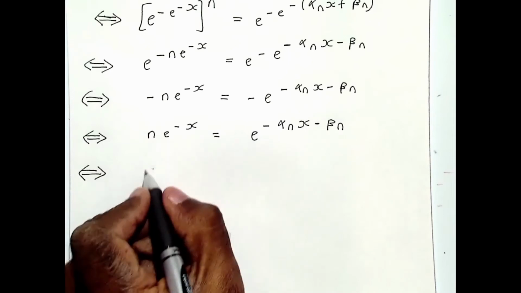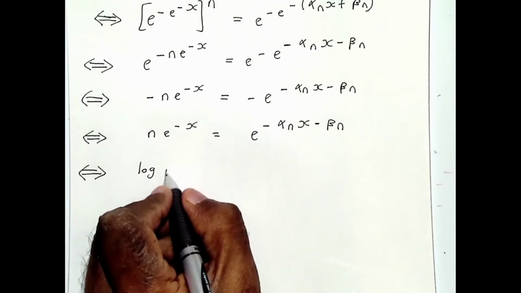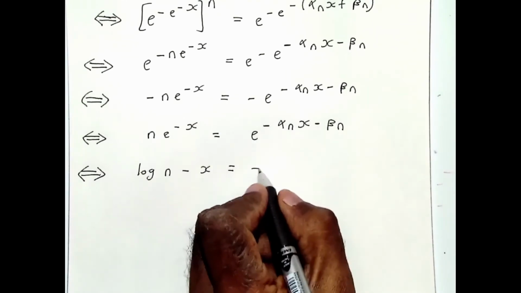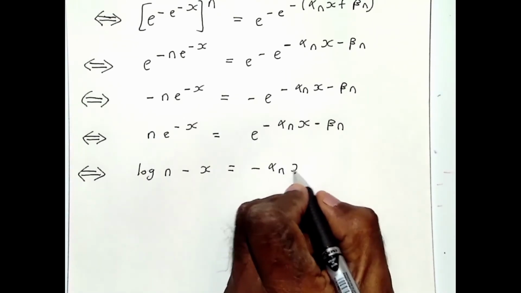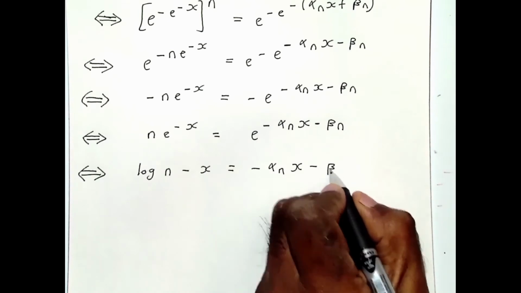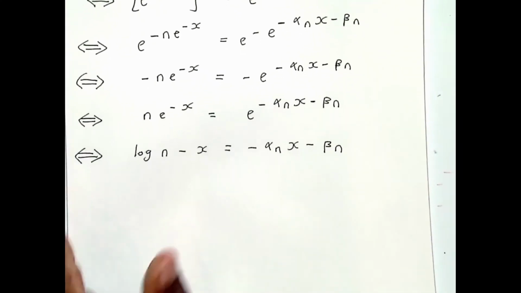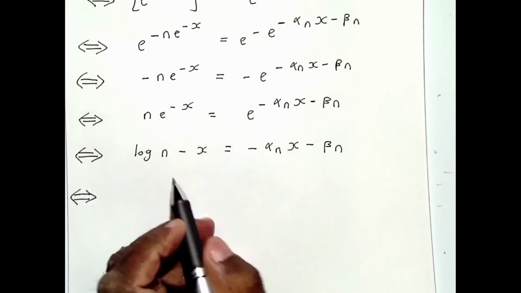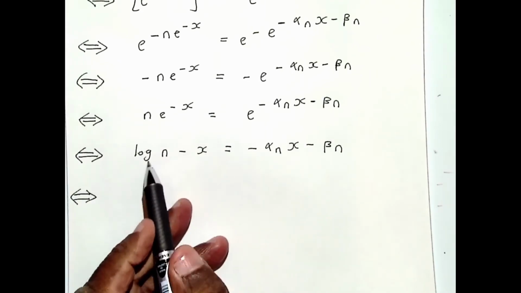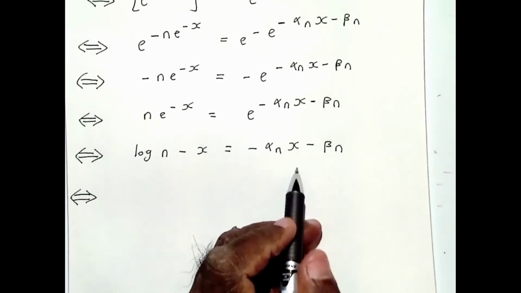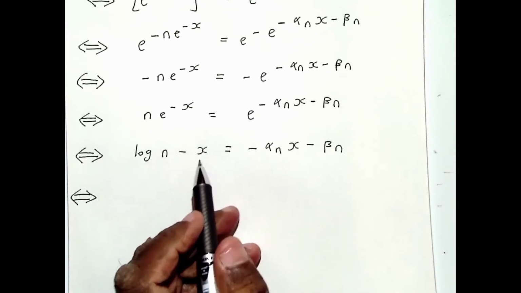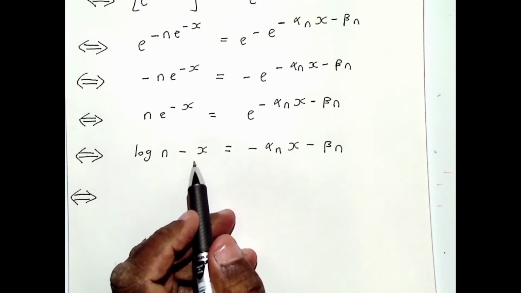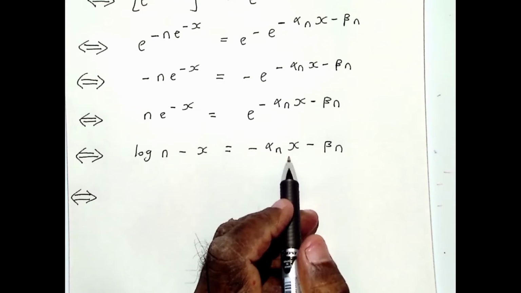So log of this is log of n minus x, and log of this is minus alpha n x minus beta n. Now I'm going to equate the coefficients. So I'm going to equate the constants on the left and the constant on the right, and I'm also going to equate the coefficient of x on the left and the coefficient of x on the right.